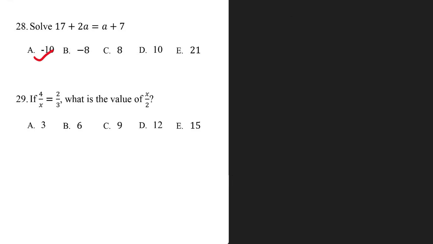Alright, question 29 says, if 4 over x equals 2 over 3, what is the value of x over 2? So we have 4 over x equals 2 over 3, right? We have to find x over 2. What are we going to do? The best way to solve this is to cross multiply. Whenever you have an equality sign between fractions, just cross multiply them.